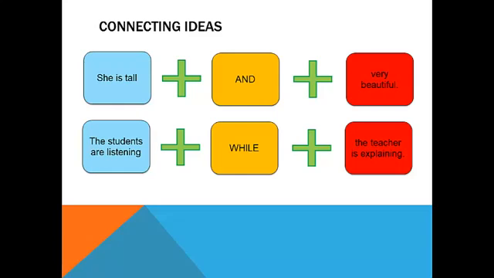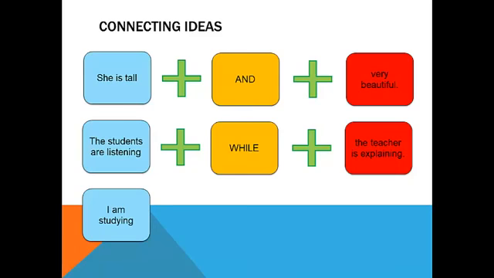While, mientras the teacher is explaining, el profesor está explicando. Como pueden ver, dos oraciones afirmativas sucediendo en el mismo momento. The students are listening while the teacher is explaining. Quiere decir, como habíamos mencionado, los estudiantes están escuchando mientras el profesor está explicando.